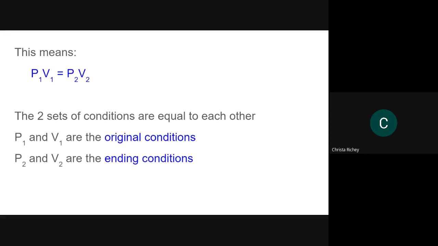Other times they say it was initially blah blah blah, those are 1s, or it was changed from this, which is a 1, to something else, which is a 2. You just need to understand the way that it's written, and I can't control the language of the gas law.